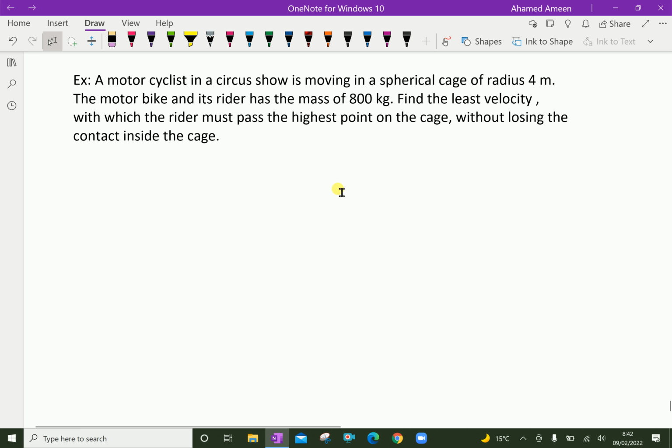That means, look here, the motorcyclist revolves around the inside of the spherical cage, so he has to maintain some speed. With that speed he should not fall from the top. That means he should not slip from the cage.